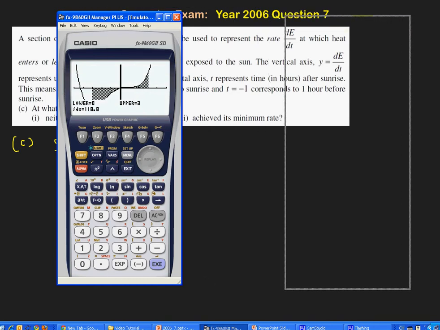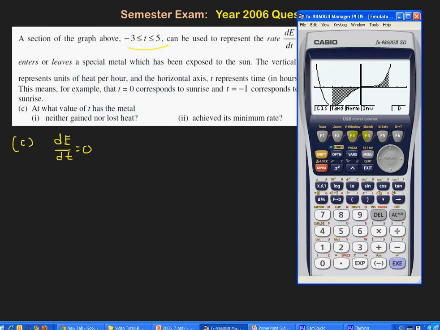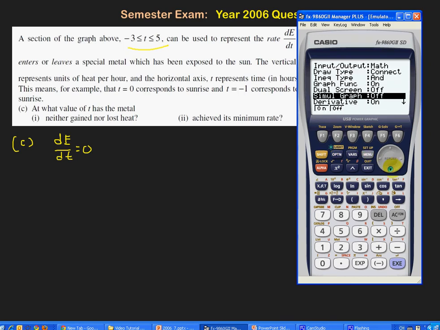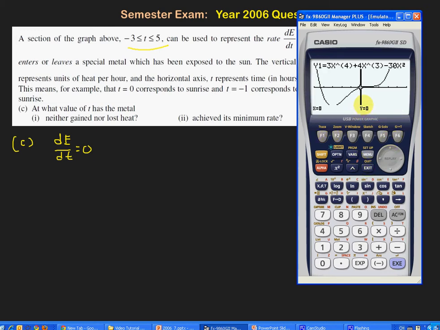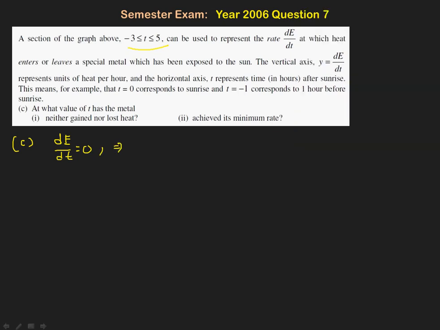Let me clear the screen first. There's only one such point, and that point is when y is 0, because now y is dE/dt. Let me switch this off not to confuse you. As you can see, y now represents dE/dt. So this happens when t is equal to 0.